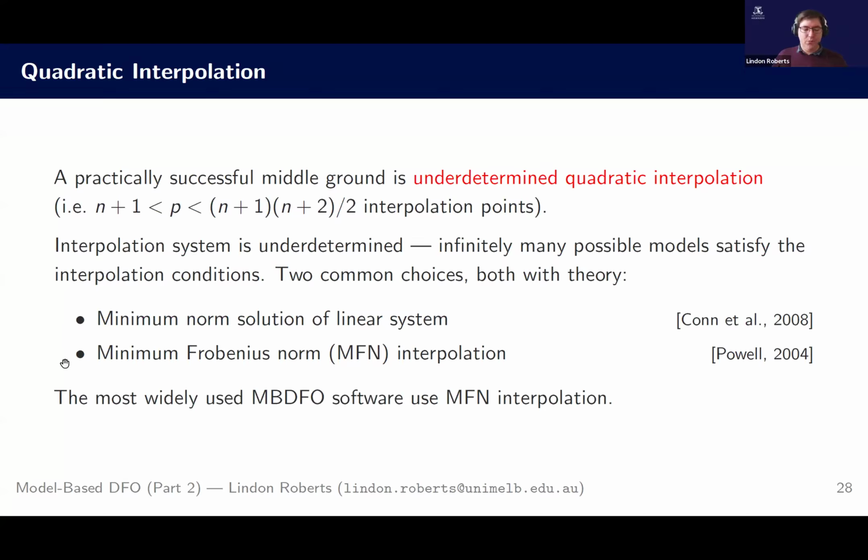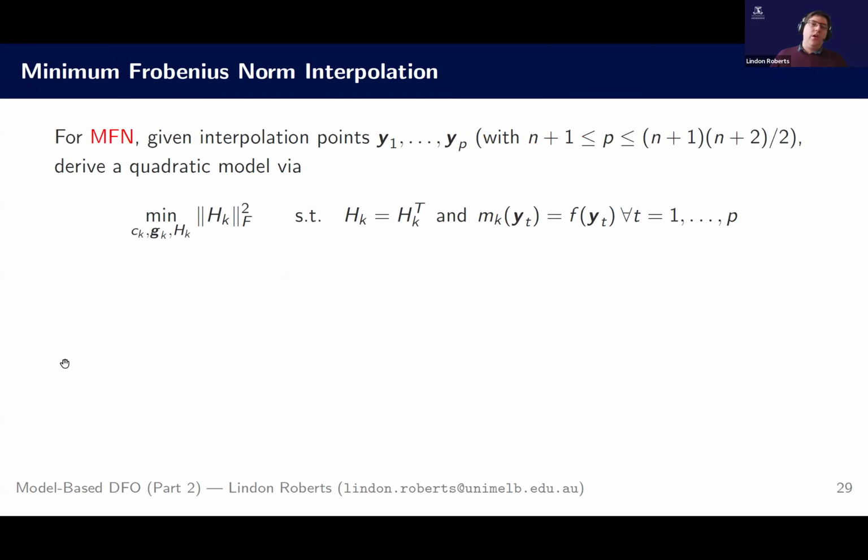MFN is more widely used in the top codes. The way this works is we construct a quadratic model that's guaranteed to fit all the P interpolation points that we have. Let's ensure our Hessian is symmetric. And of those infinitely many valid quadratic models, pick the one that minimizes the norm of the Hessian in the Frobenius norm, because that's much easier to solve for. So of all the possible interpolation models, we pick the one with the smallest Hessian.